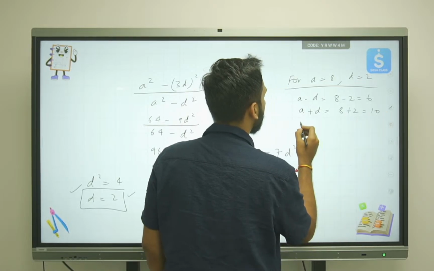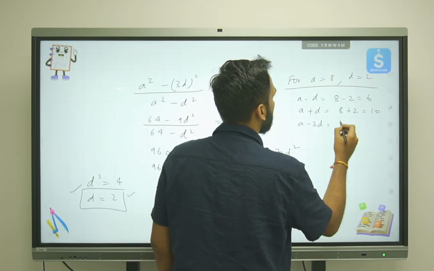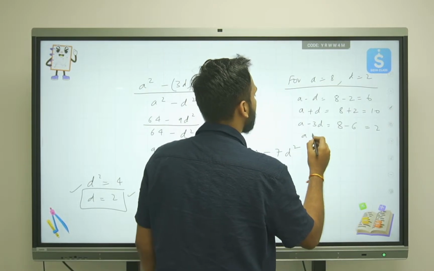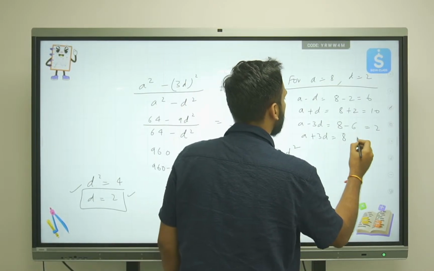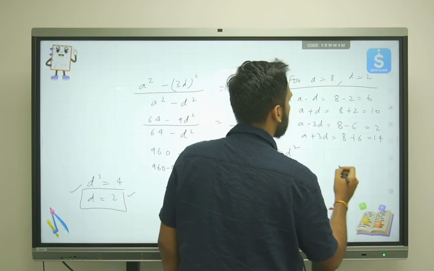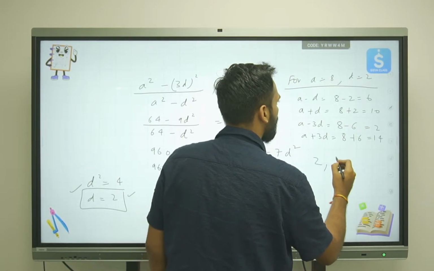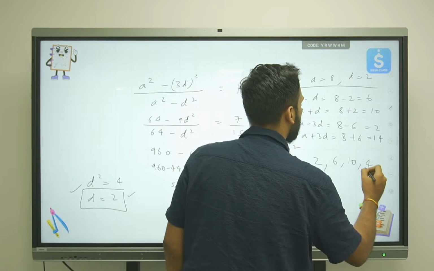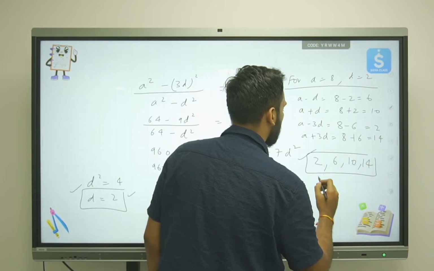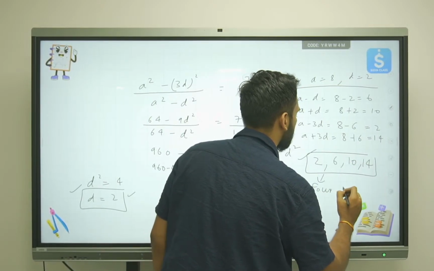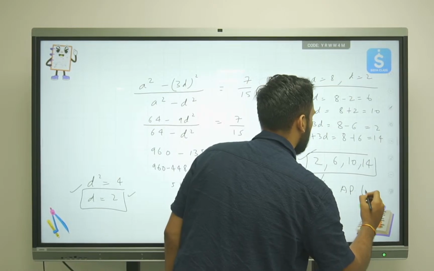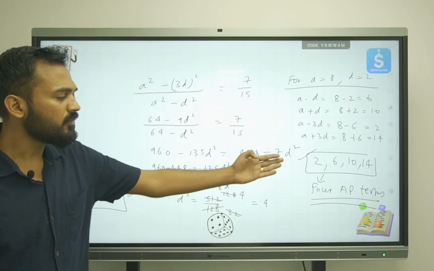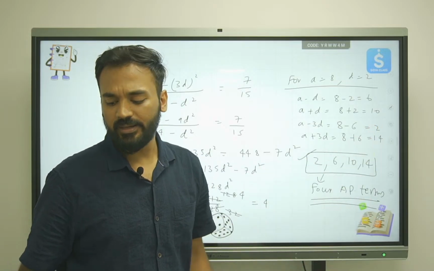The other two terms were A minus 3D, 8 minus 3 into 2, 6, 2, and A plus 3D, 8 plus 6, 14. So these are the numbers 2, 6, 10 and 14. These are the 4 required numbers. These are the 4 AP terms: 2 plus 6, 8, plus 10, 18, plus 14, 32.